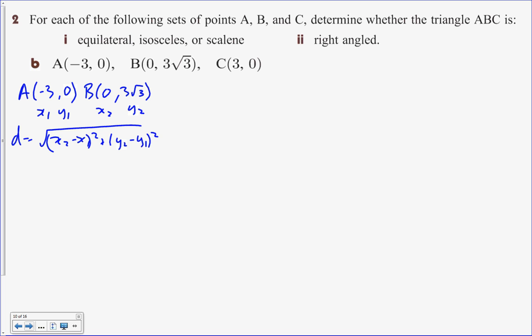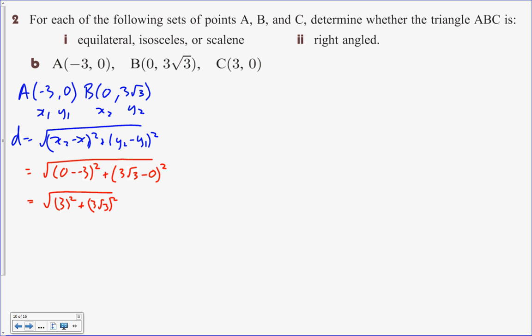Substitute in our values. So equals square root 0 take negative 3 squared plus y, which is 3 root 3 take 0 all squared. So equals square root 3 squared plus 3 root 3 squared.